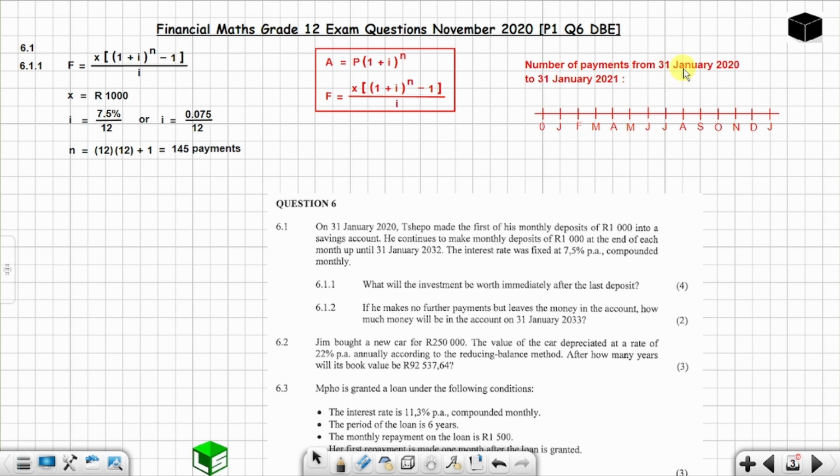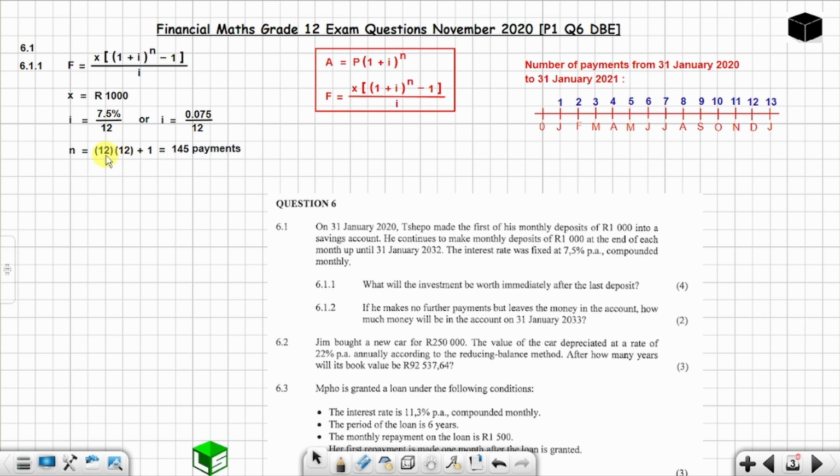The payment is done on the 31st January 2020, right? This is your first payment, second payment, third, fourth, fifth, sixth, 7, 8, 9, 10, 11, 12, 13. You can see that. So not 12.